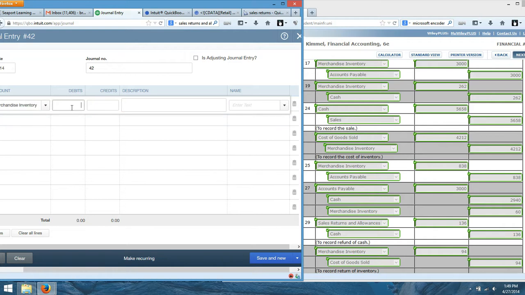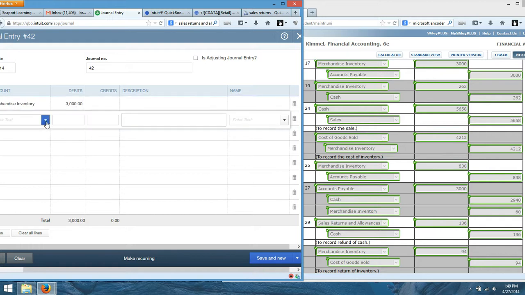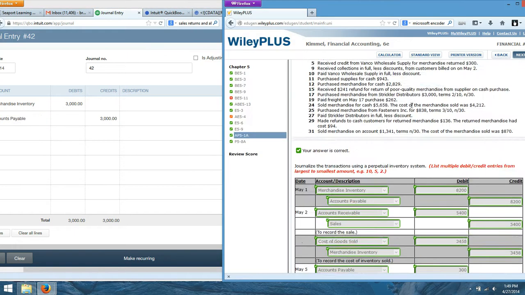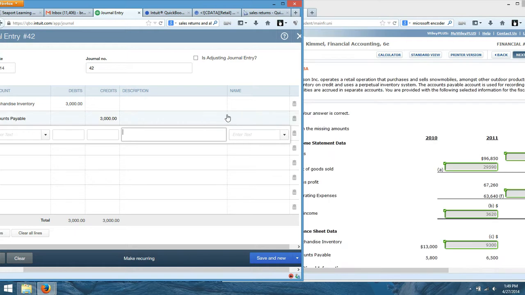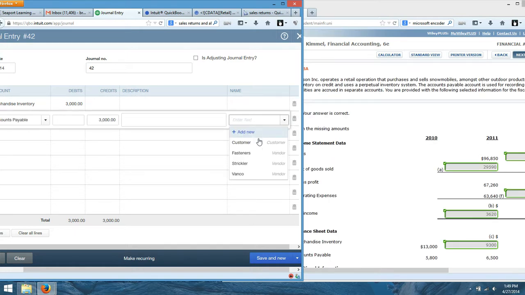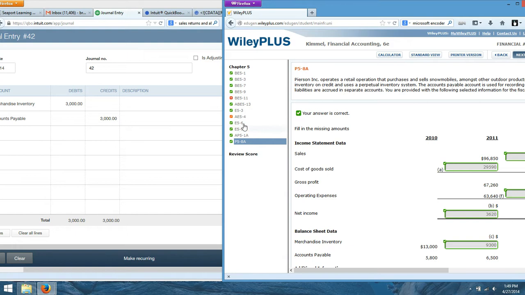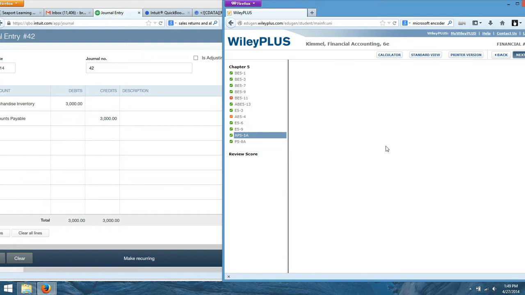Merchandise inventory, $3,000. Over here, accounts payable, the same amount. And so let's see here, who are we paying on the 17th? We're buying it from Strickler. And I accidentally changed this, so let's go back.